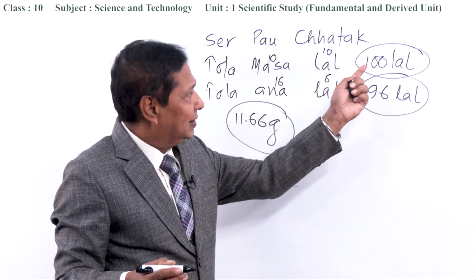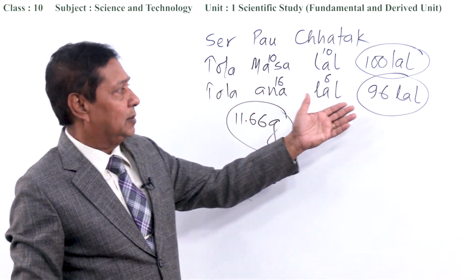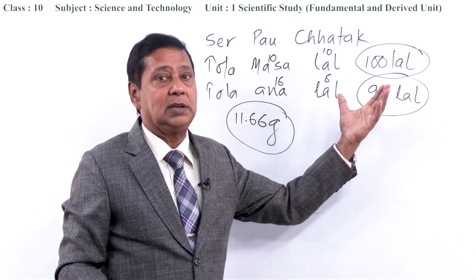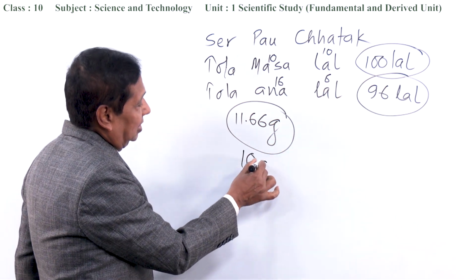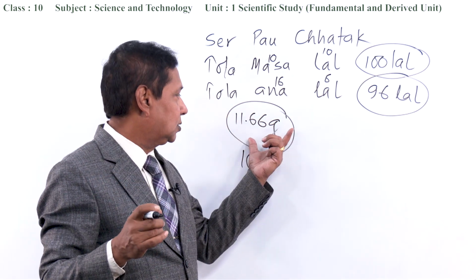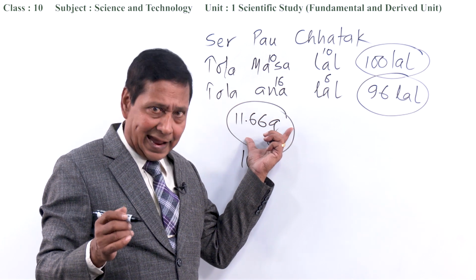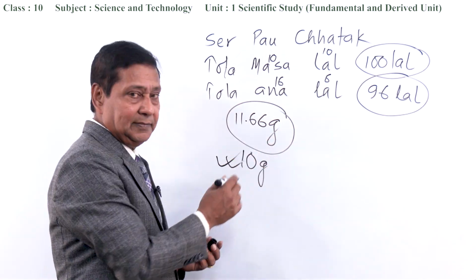In one way, 1 tola gives 100 lal. In another way, 1 tola gives 96 lal. This confusing type of measurement is nowadays removed, and usually in the news you are told the price of gold for 1 tola and 10 gram. It is better to use gram.